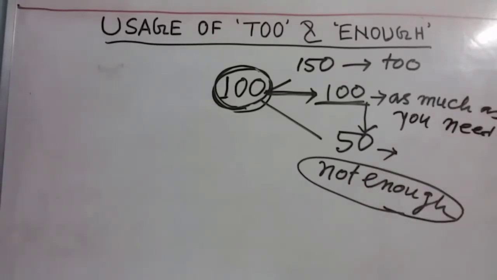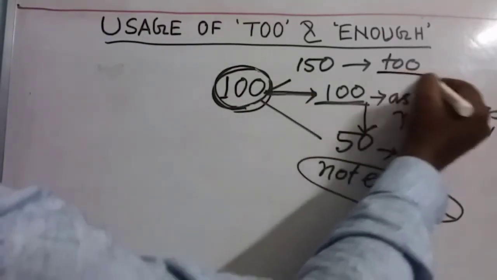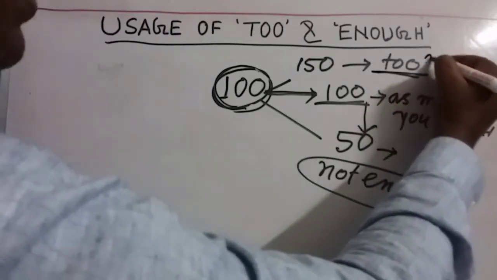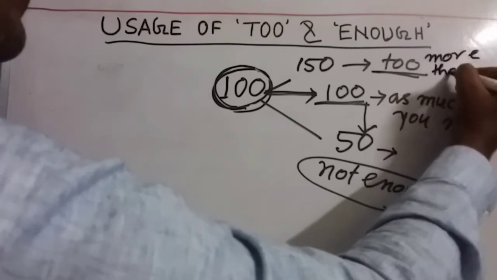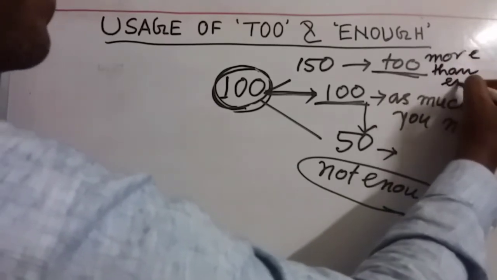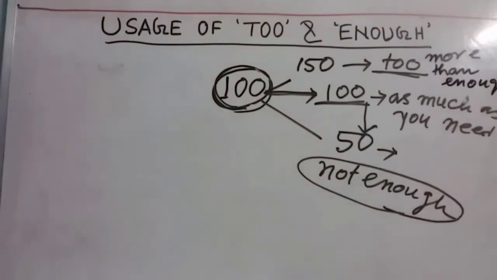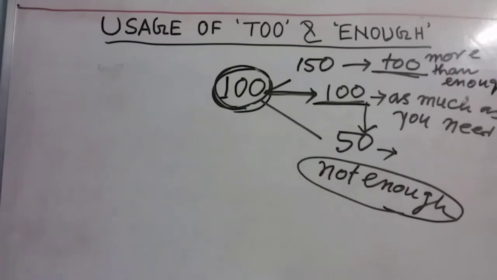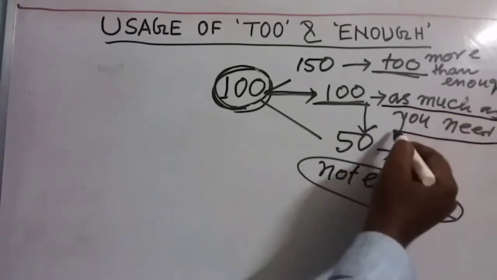So my dear friends, too means more than enough, or you can say excessive. And the exact amount means as much as you need.